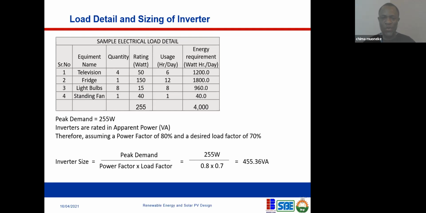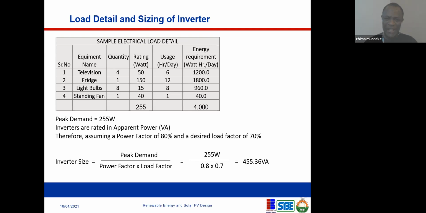The only thing that you need to know is that you need to take into account your power factor, which in most cases is 0.8 or 0.9, depending, and then your load factor. Load factor is just a safety margin, so that your inverter does not blow up.